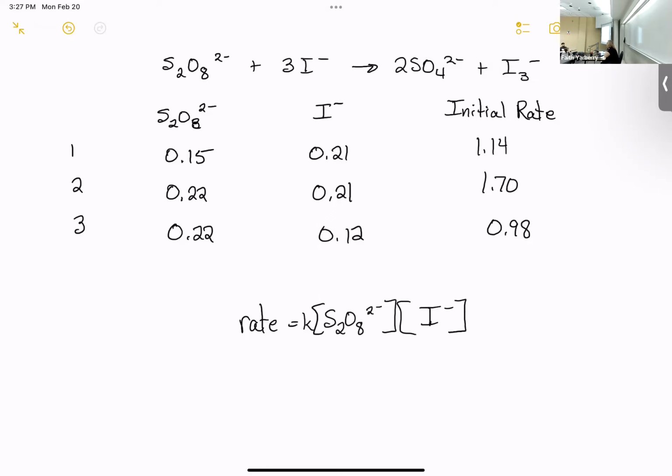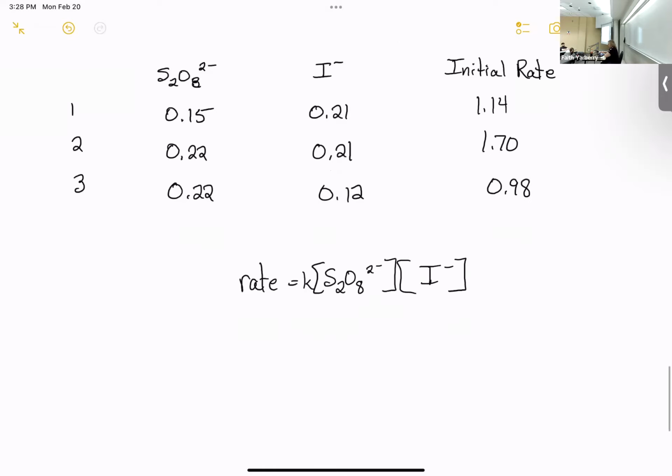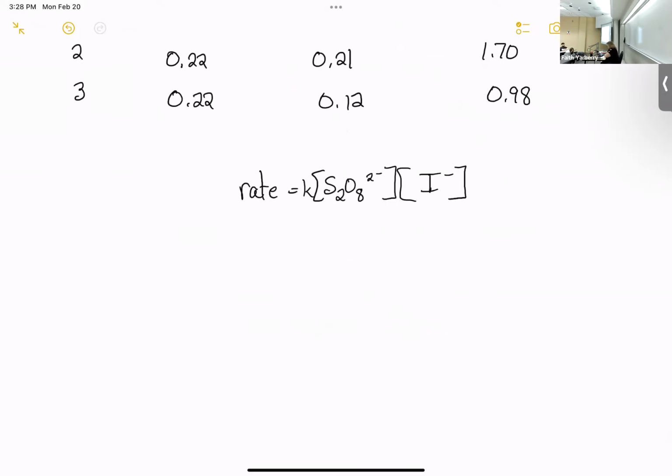You should have found a 1-to-1 ratio, that they were both first order with respect to the two components. For the first one, for S2O8 2-, I used experiments 1 and 2.